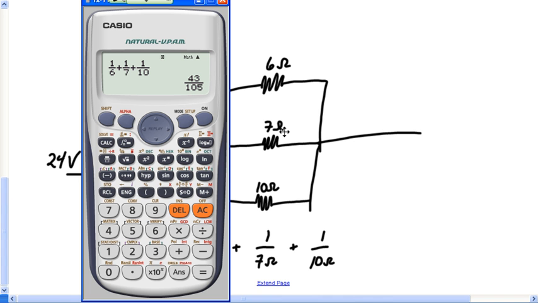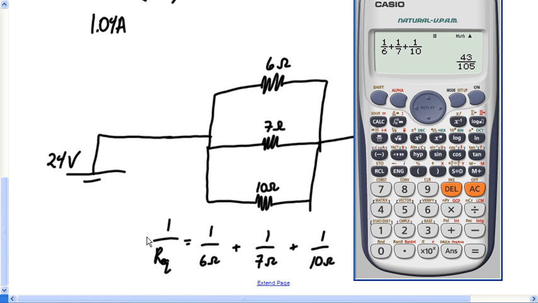Now this is where some of you mess up. That is not your answer. You see, the problem is this. You did not solve for Req. You solved for 1 over Req, which means if you want to find this equivalent resistance, this total resistance, you still need to take a reciprocal of this answer, which is easy in my calculator.